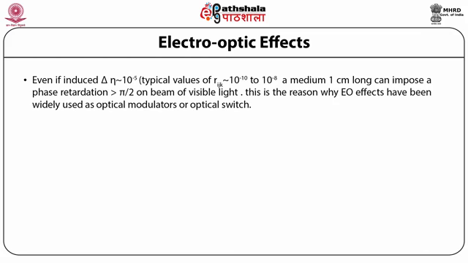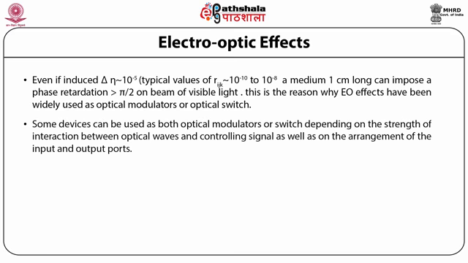So typical values of Rijk are approximately 10 to the power minus 10 to 10 to the power minus 8. A medium 1 centimeter long can impose a phase retardation greater than pi by 2 on a beam of visible light. This is the reason why EO effects have been widely used as optical modulators or optical switches.